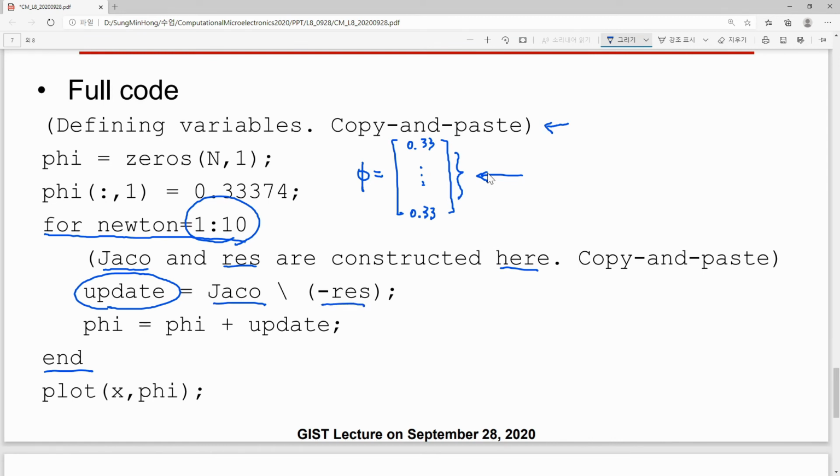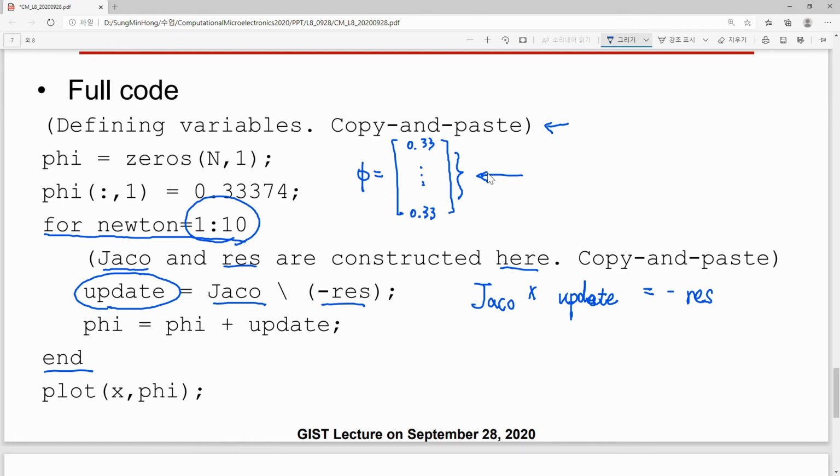You understand this one. Jacobian matrix times update vector should be minus residue vector. That was our general form for the Newton-Raphson method.